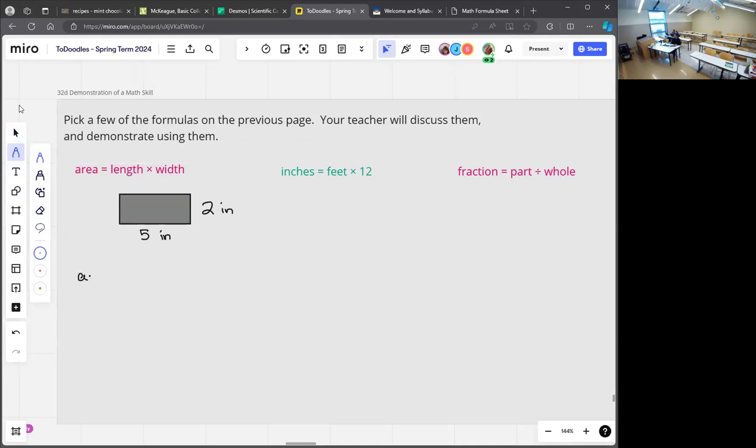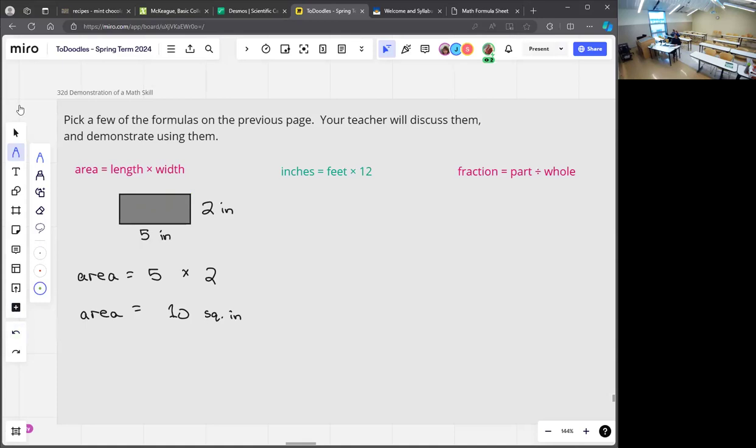So I'll take my length and width and plug in the numbers. And 5 times 2 is 10. And again, we don't say inches, we say square inches, because I'm imagining that I have little squares that I'm covering the surface of this thing with.